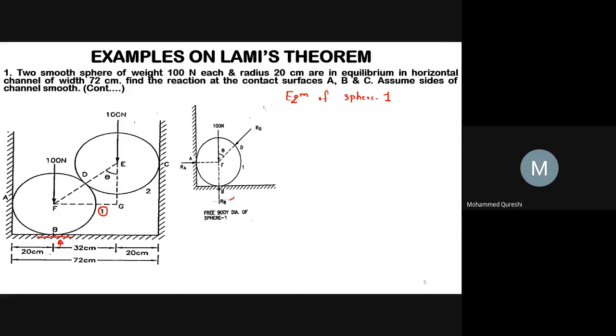Therefore, I am indicating here RB in the upward direction. Now, this is your contact surface, so one reaction will be in the downward direction. So, this is our second reaction, RD. The 100 Newton force is in the downward direction. So, this will be our third force.